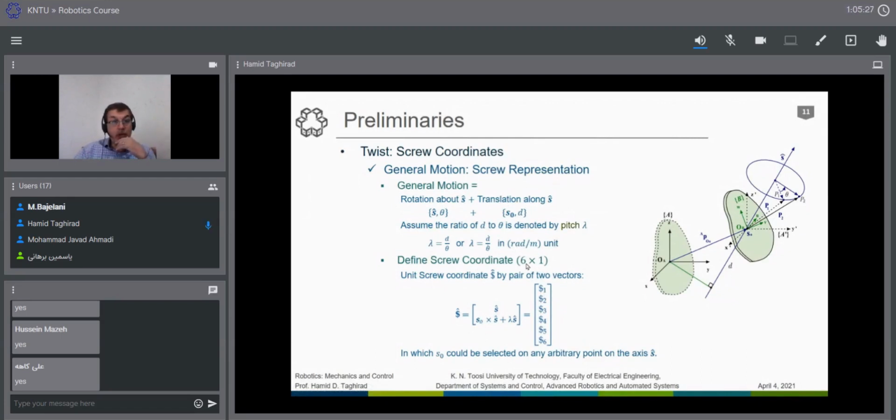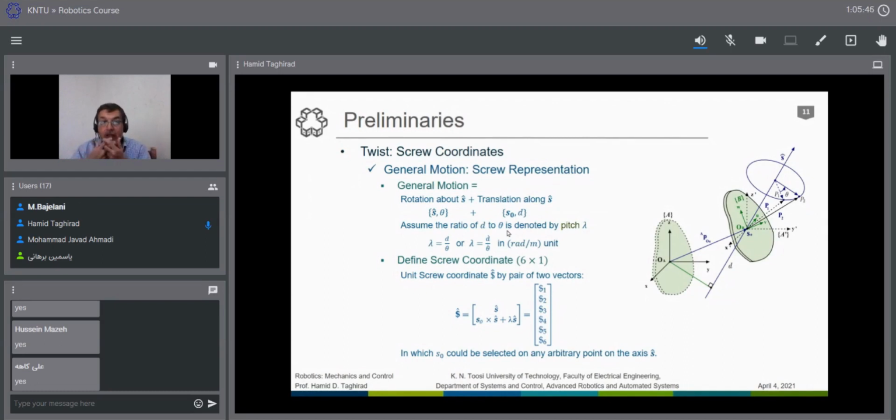But now we are talking about something which is 6 by 1. And it's important for robotics because usually we have 6 degrees of freedom. We have a motion in 3 positions and 3 angular velocities, and we would like to embed these two together.